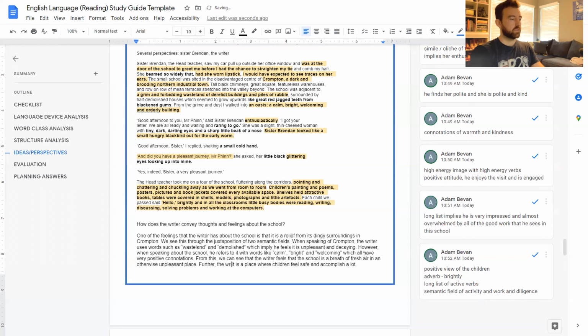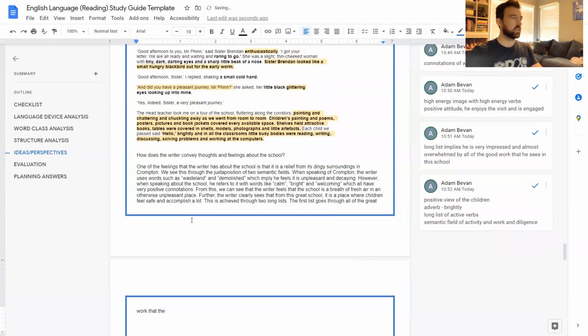Furthermore, the writer clearly sees that it is a great school, a place where children feel safe and accomplish a lot. This is achieved through two long lists. The first list goes through all of the great work that the children have done.